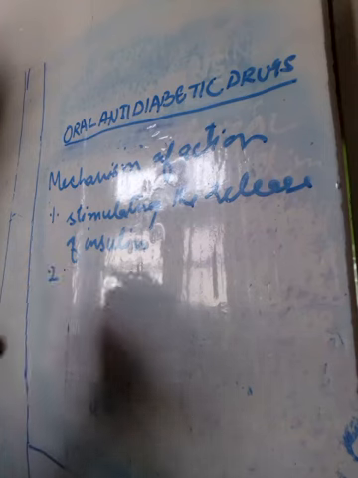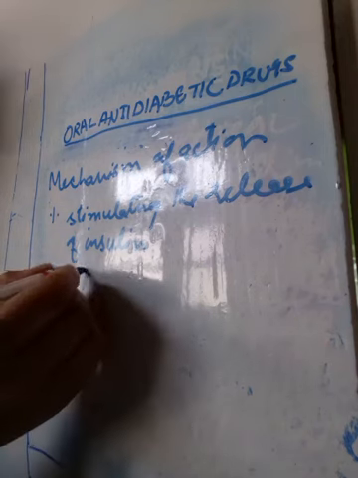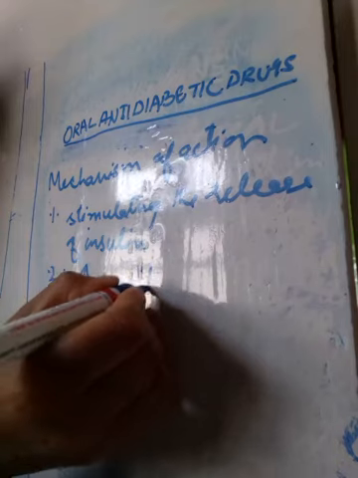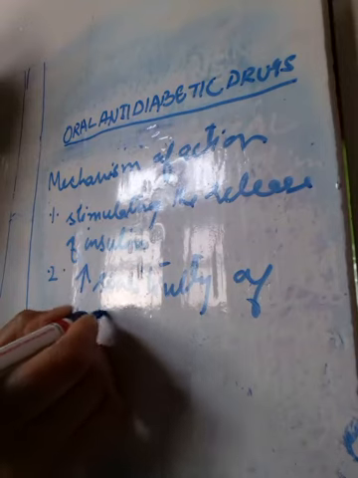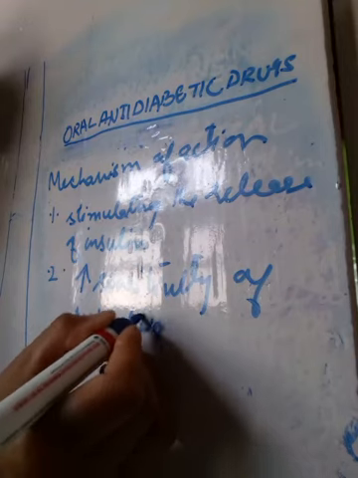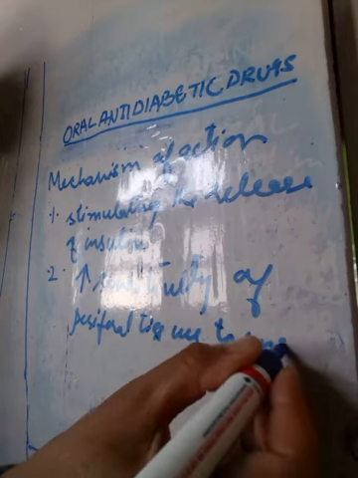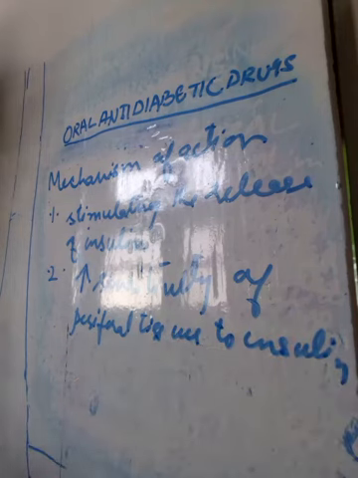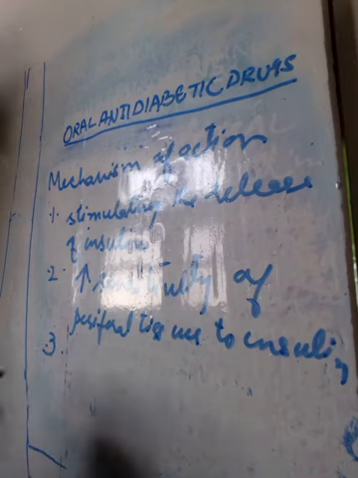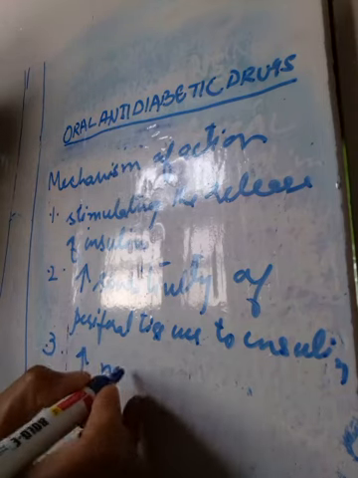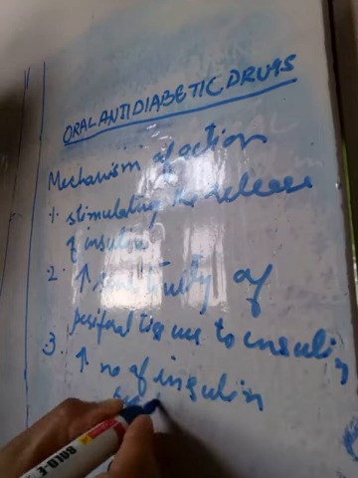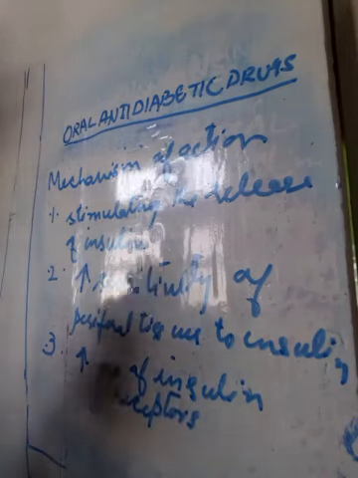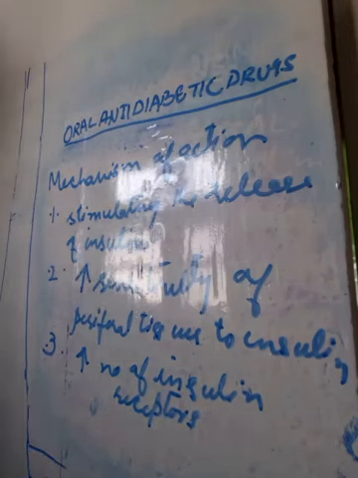Number second, it increases the sensitivity of peripheral tissues to insulin. Number third, it increases the number of insulin receptors. This was the mechanism of action of sulfonylureas.